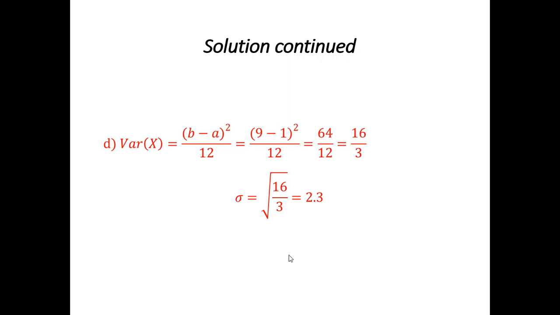So we could substitute in 9 for b and 1 for a. We get 8 squared over 12, 64 over 12. We could simplify that. We get 16 over 3. And then the standard deviation is the square root of this. So our standard deviation here ends up being 2.3.